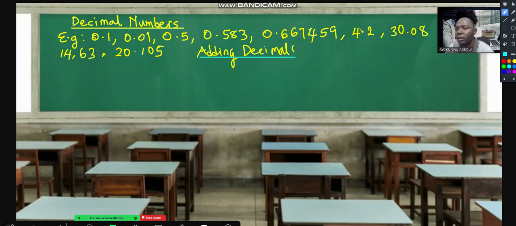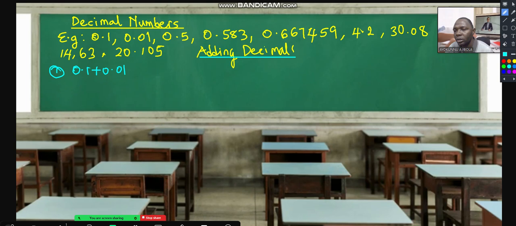Number 1, you want to add 0.1 plus 0.01. To add it, you just align them together, like by saying 0.1 plus 0.01.